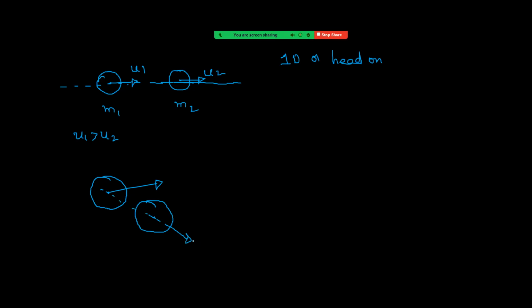This second body moves in this direction, and the first body may move like this, with velocity v1; this is u. It means after collision, their velocity vectors are in different directions. Such a collision is known as two-dimensional collision or oblique collision. So simply, if velocities before collision and after collision are along the same line, it is head-on collision, otherwise oblique collision.